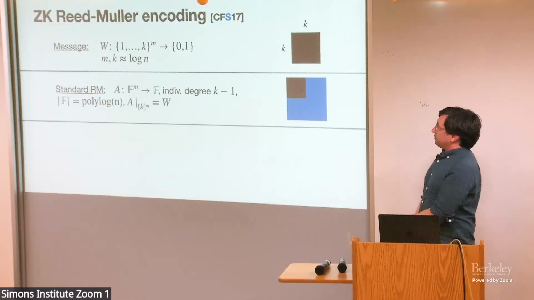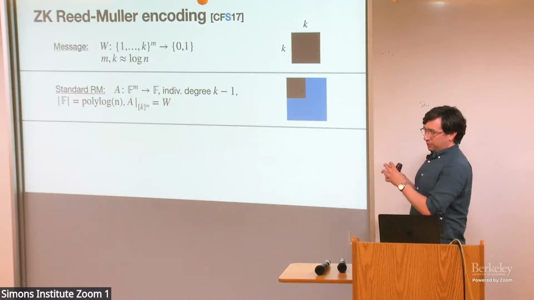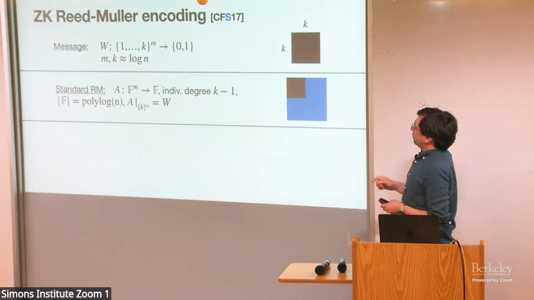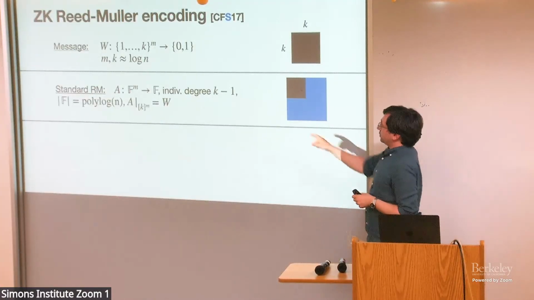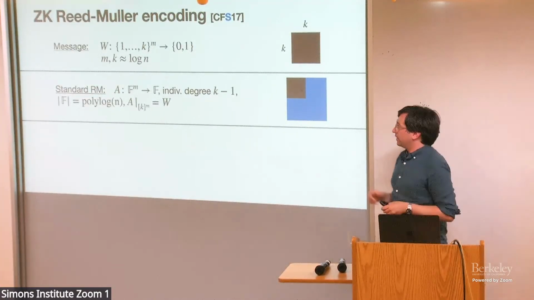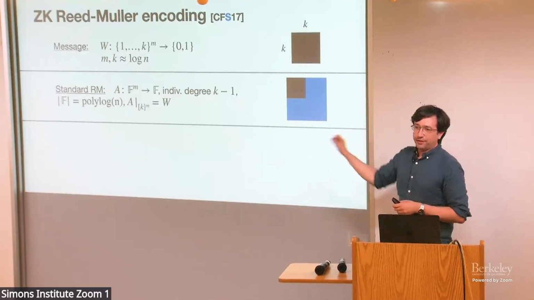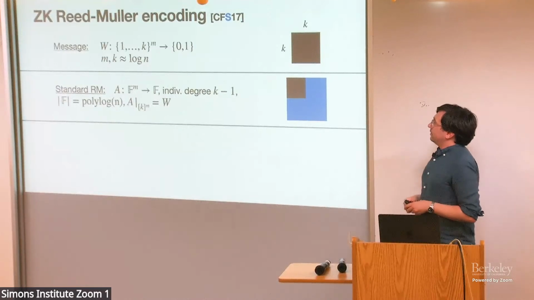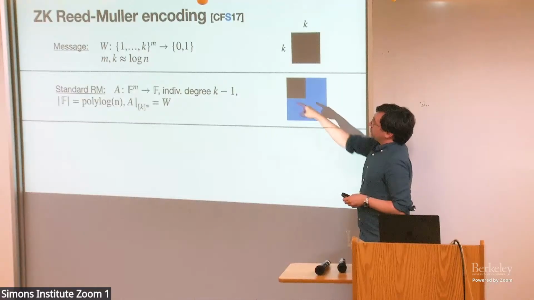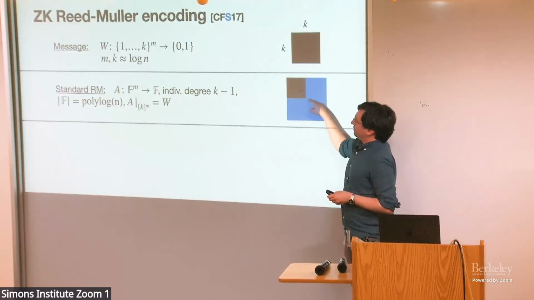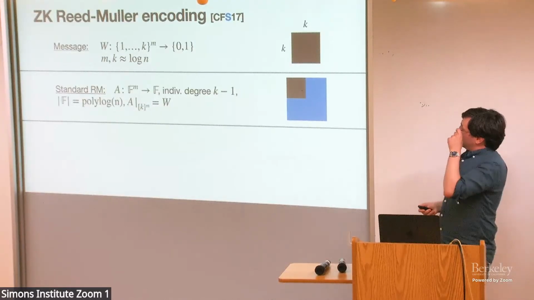The standard Reed-Muller encoding is that you take the lowest degree polynomial that agrees with the message on the set 1 up to k to the m over some polylog size field. I'm going to assume there's some nice embedding of 1 up to k into F so that everything is okay. So I just fix the unique polynomial that agrees with w on this set. Okay, so this is not zero knowledge.